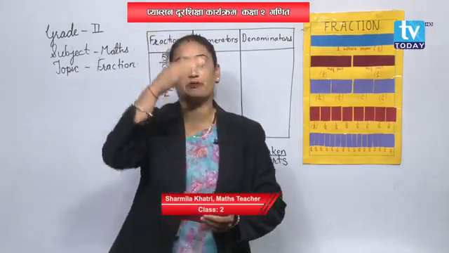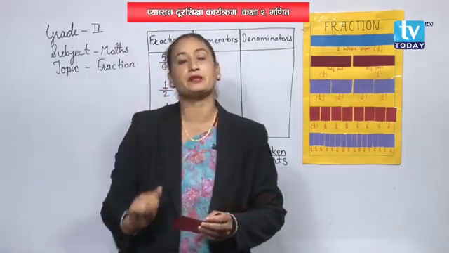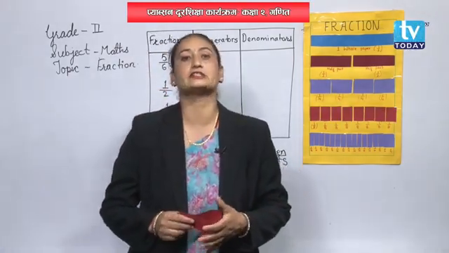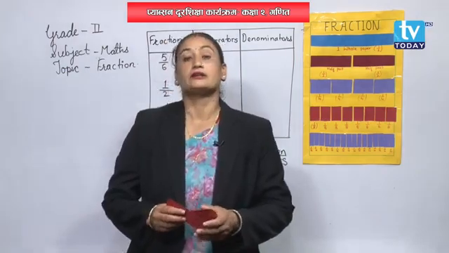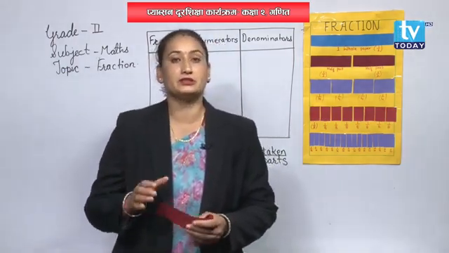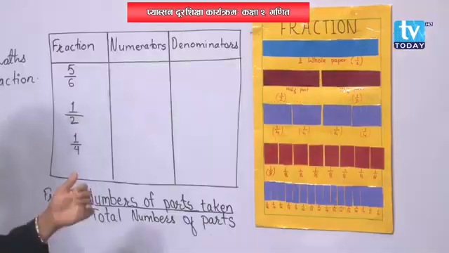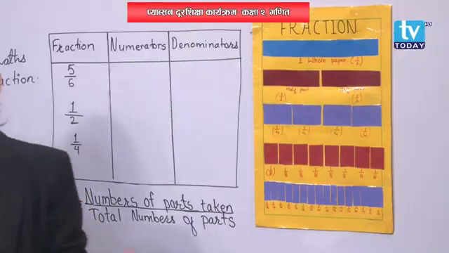And the number at the bottom, we call it the denominator, or the total number of parts of the figure.